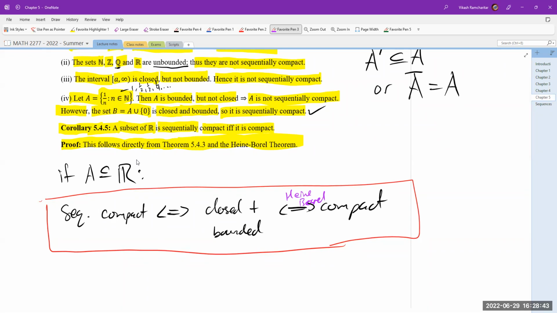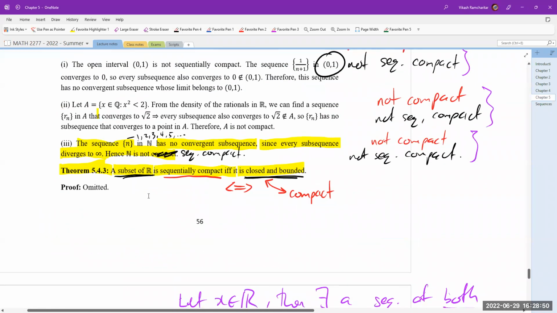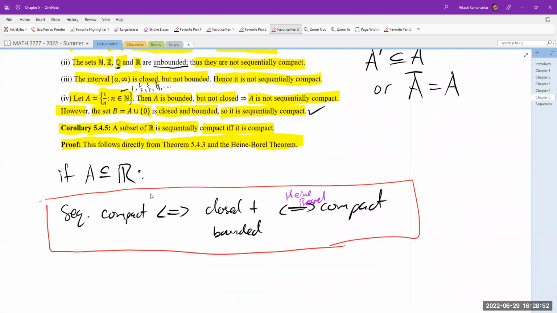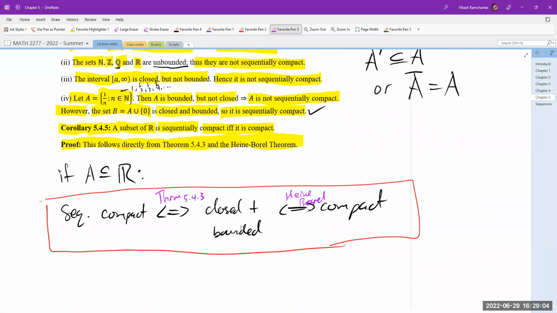And this other one is Theorem 5.4.3. So you can move back and forth between them as long as you're a subset of R.